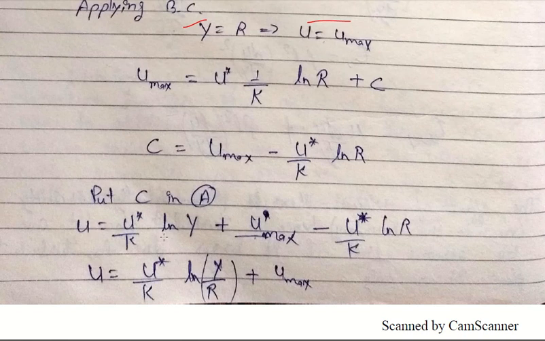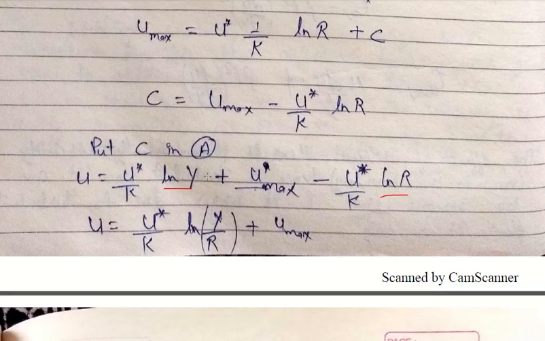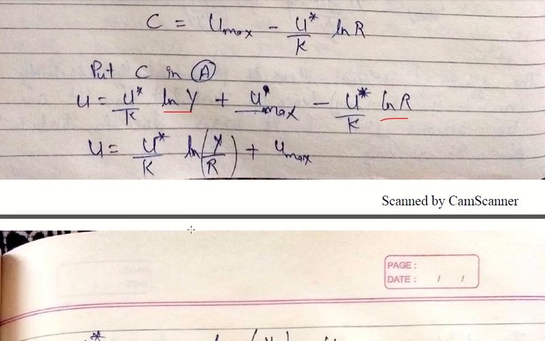So here is the ln function and this is the ln function, and between these functions there is a negative sign, so it will convert to y by r. u equals u star by k ln (y by r) plus u max. The relation between natural log and log base 10 is 2.303 log base 10.